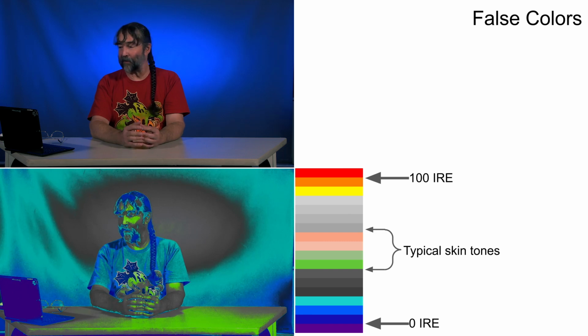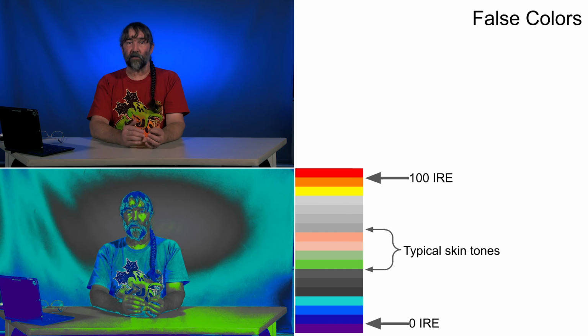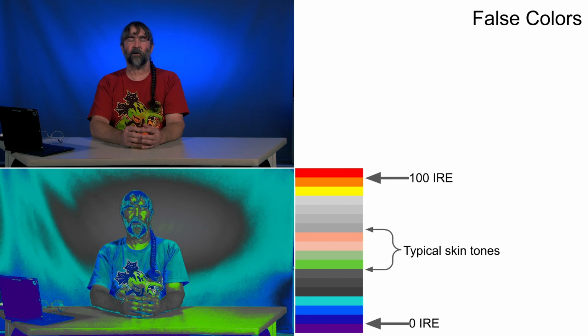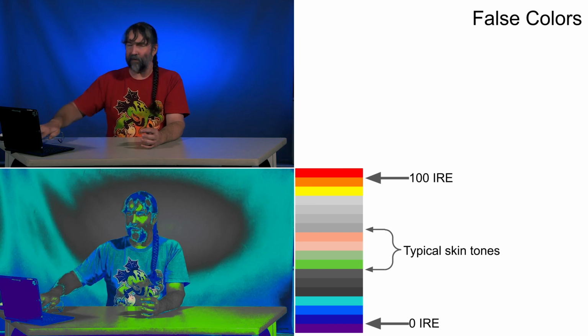So up around maybe 95 IRE, everything turns orange. And then below that is yellow, a series of grays. When you get down to the skin tones, you've got these kind of pinks and greens in there. And then again, towards the bottom, you get into your blues. And then anything that's purple is actually below 0 IRE. So purple means it's underexposed. It's just a pool of black at that point. It's kind of fun to look at, isn't it?